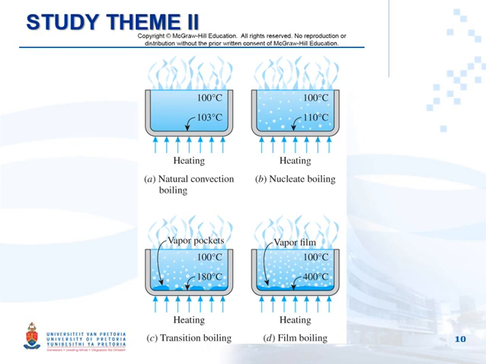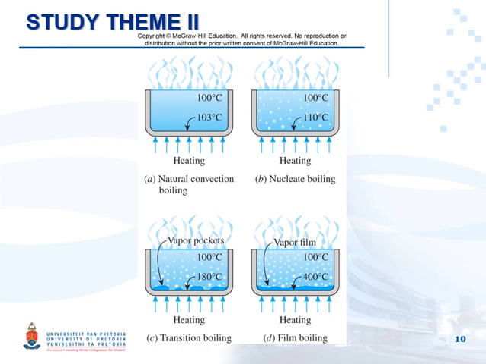Those bubbles get smaller as they detach from the surface and start rising, and eventually collapse in the cooler water layers on top. This is subcooled boiling, since the bulk temperature of the water has not reached the saturation temperature yet.